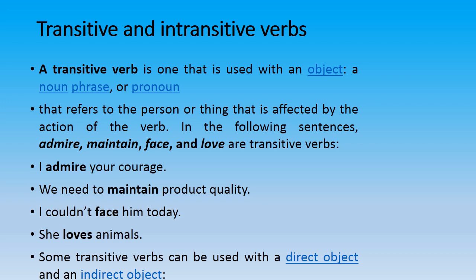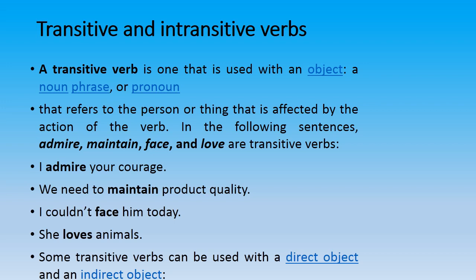I admire your courage. We need to maintain product quality. I couldn't say him today. She loves animals. So from these examples you can see that all these verbs are followed by noun or pronoun or noun phrases.